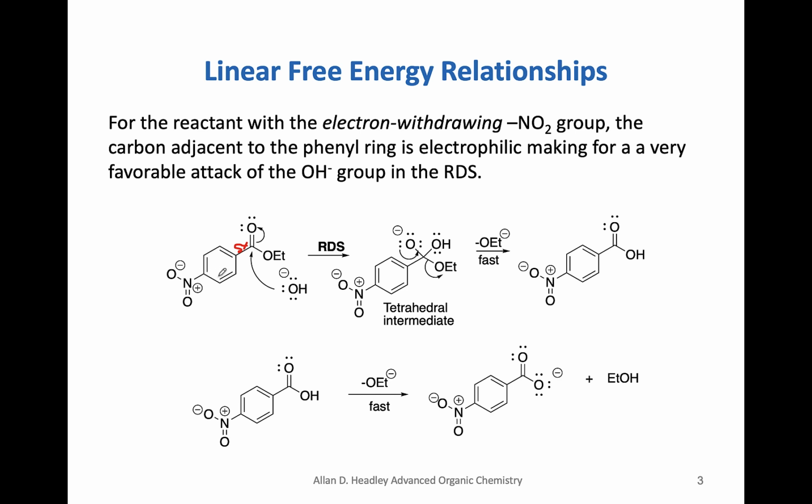But the main point is the mechanism involves the nucleophilic basic OH attacking this carbon because it is electrophilic. And note again that this nitro group here is pulling electrons from the ring, making it even more electrophilic. Of course, I think you see where this is going. It will make this step here much easier compared to the next one. Let's see.